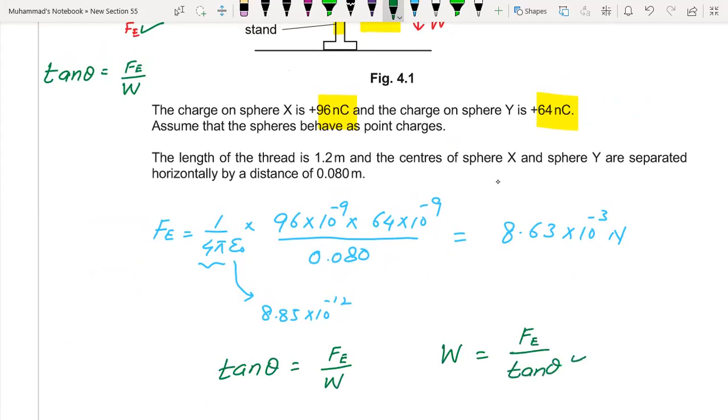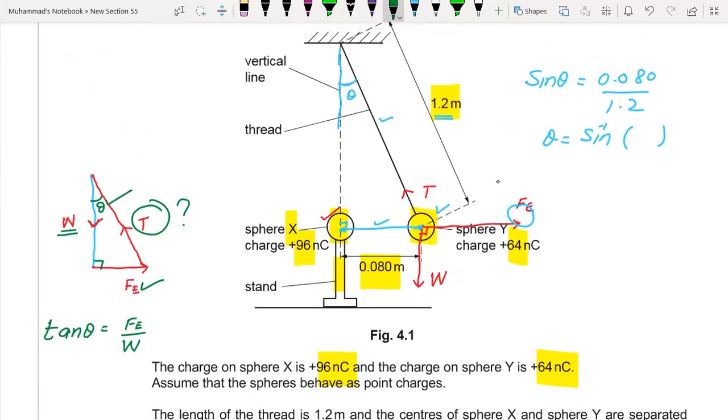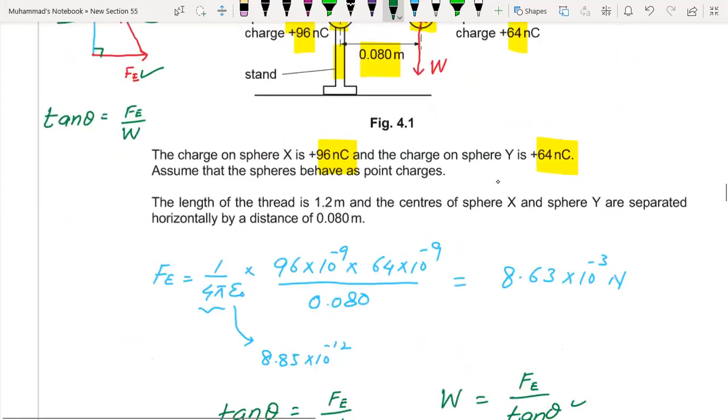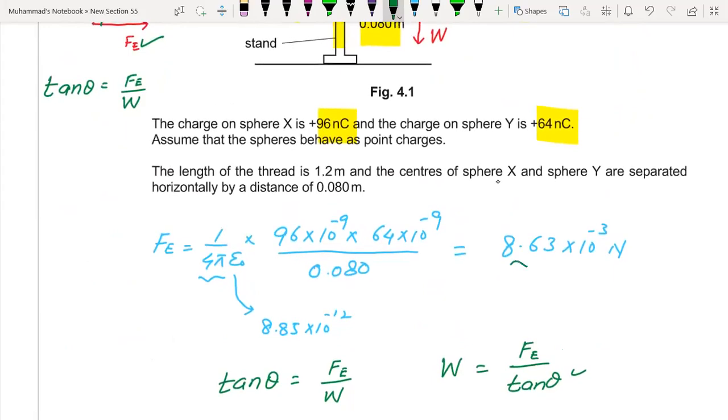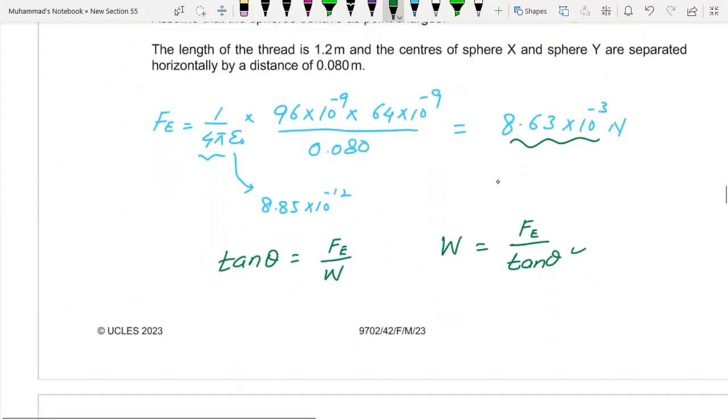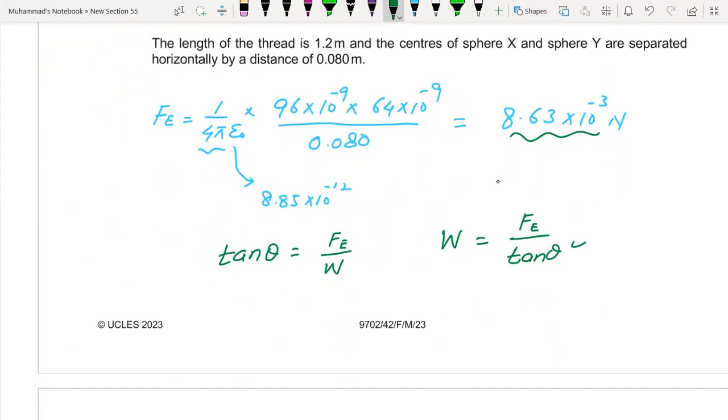You know theta, as I have calculated over here, so you put that theta and the electric force from here, and you will get the weight of the object. After finding the weight, you can find the mass of the object. So the weight of the object is 0.129 Newton.